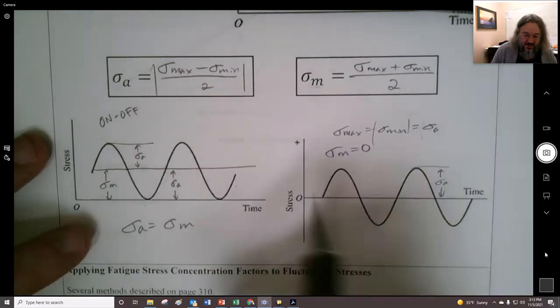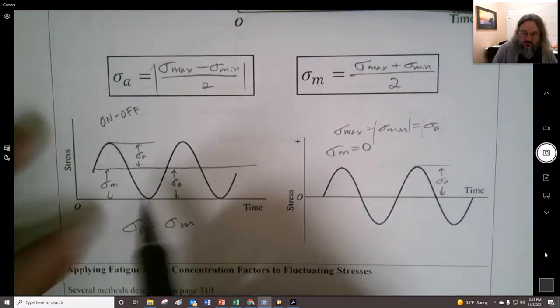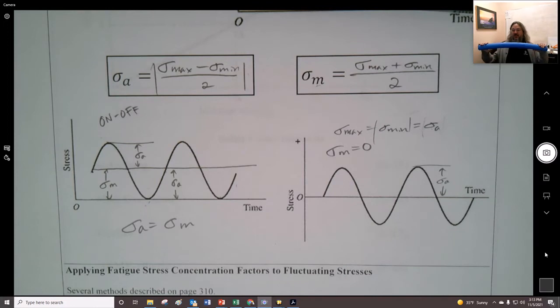It might never go into compression. We're talking about a particular point on this part right here. We recognize this point is in compression, and if we just analyze a single point, this is compression, off, compression, off. But here's the one we're going to care about.